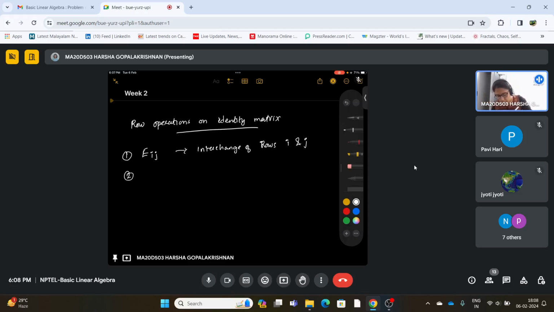And the second operation is given by E alpha i. E alpha i means multiplying the ith row with a non-zero scalar alpha.